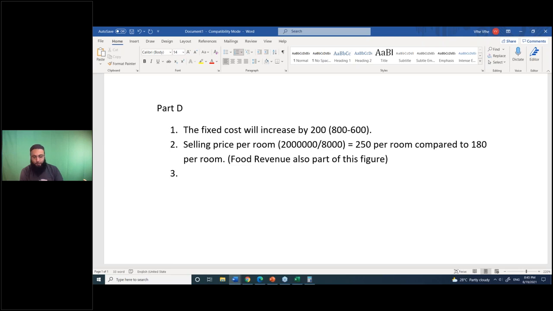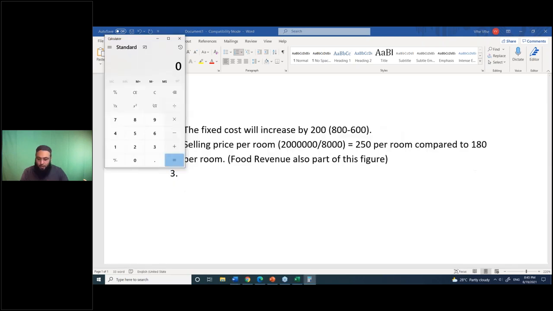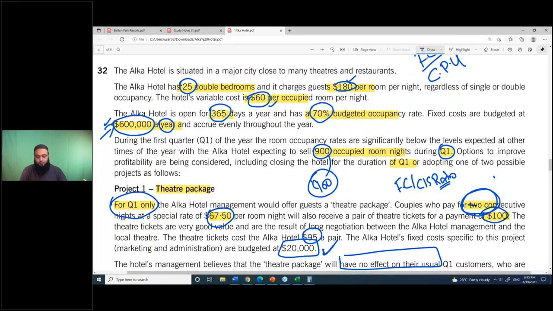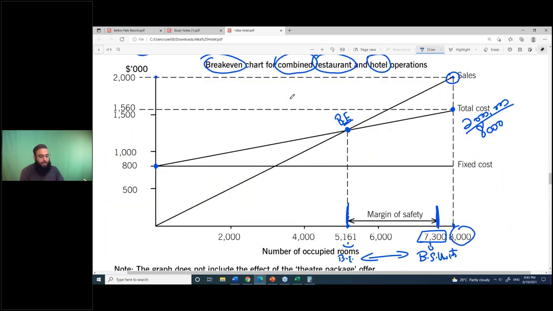Then third, if you observe from the graph, you are given a total cost as well. Total cost includes fixed and variable. Fixed is clear, 800,000. So how much is the variable?